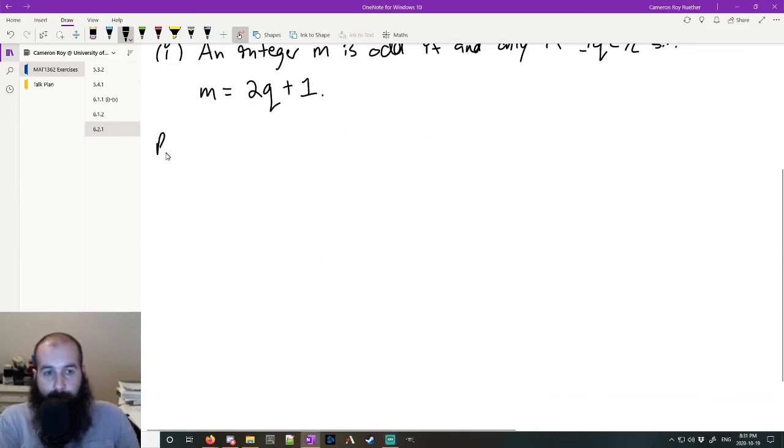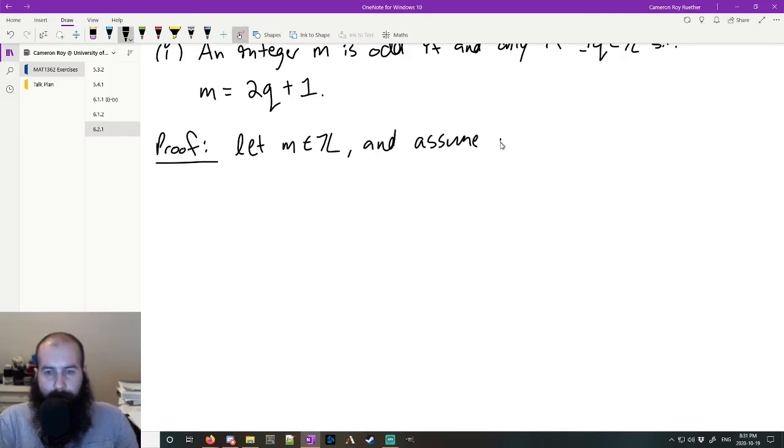So proof. What we're going to do is let m be an integer and assume m is odd. So far, all this means is that this is equivalent to saying m is not even. So these are our assumptions.